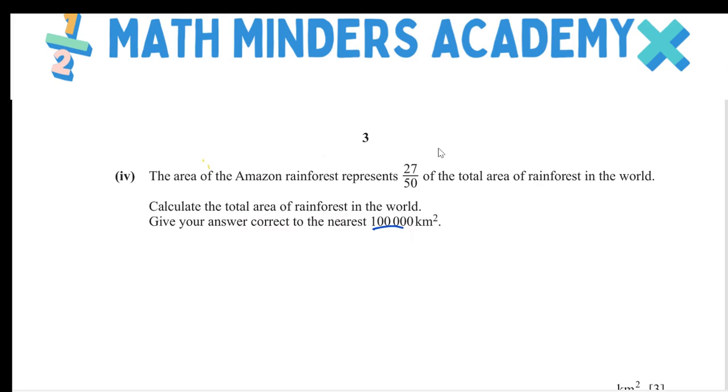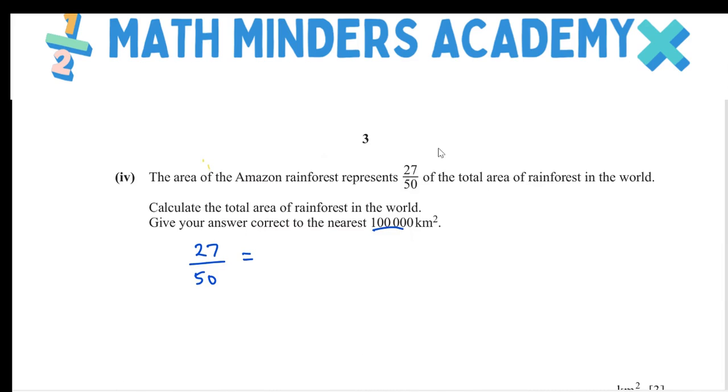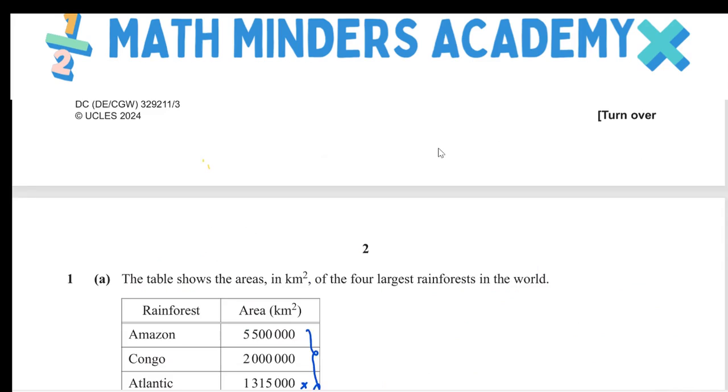So now, we are told that the area of the Amazon rainforest represents 27/50 of the total area. Since we don't know the total area, if you go back, you remember from the charts, the Amazon rainforest is 5,500,000.